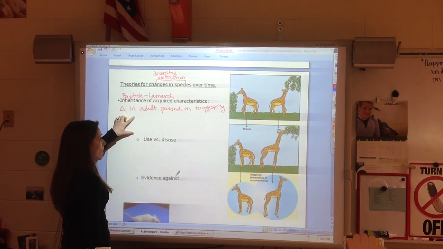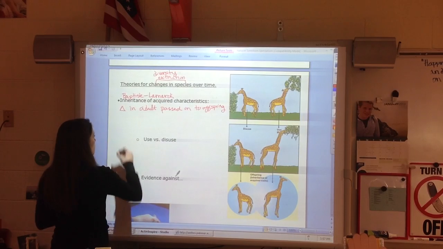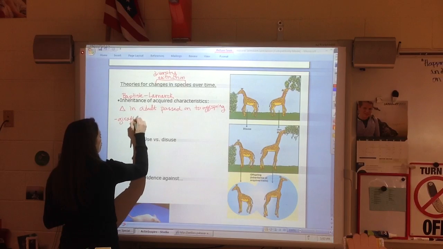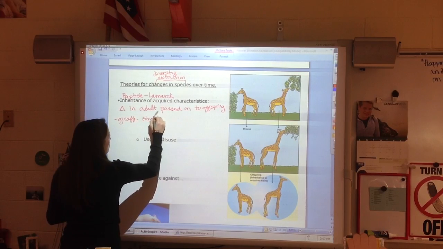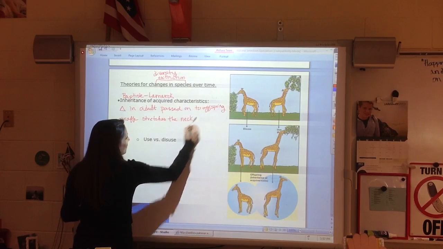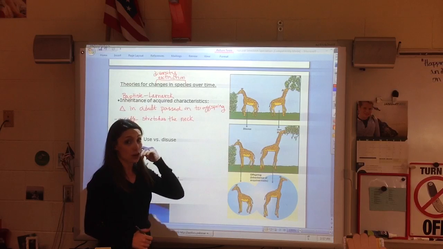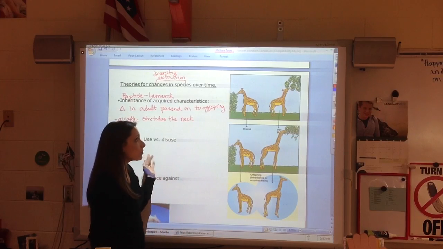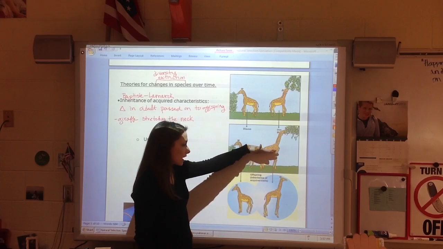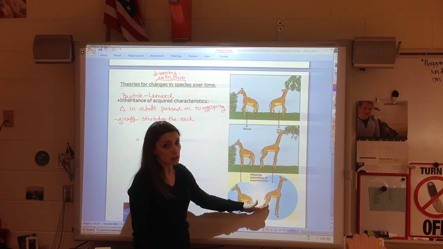And it was also actually called the use and disuse idea. The main example that is usually used is the giraffe stretching its neck. And Felicia actually brought up the concept of, in some African cultures, how they use rings to stretch their neck. And so Lamarck is arguing that if an organism uses a trait, then the offspring will inherit that trait.